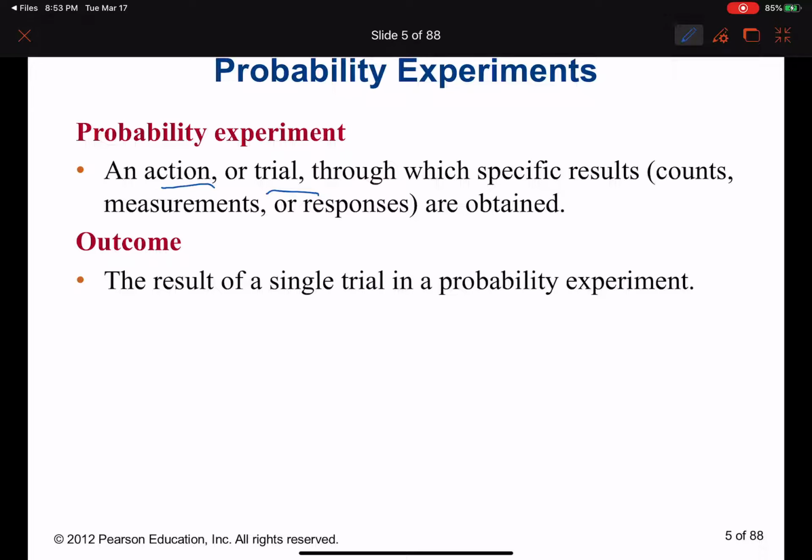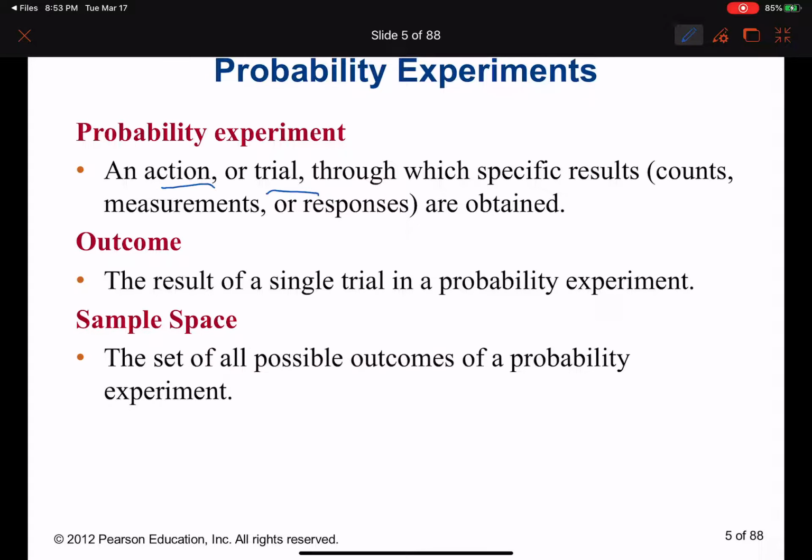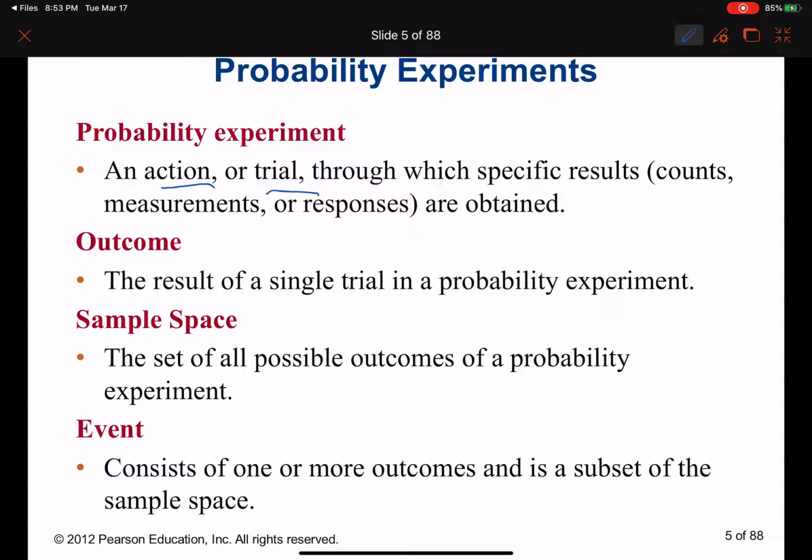Those are basic stuff. I just want you to get familiar with the definitions. Sample space: all possible outcomes we call the sample space. Event: if you have more than one outcome, let's say the outcome can be more than one choice, then we have an event. So those are basic understandings.